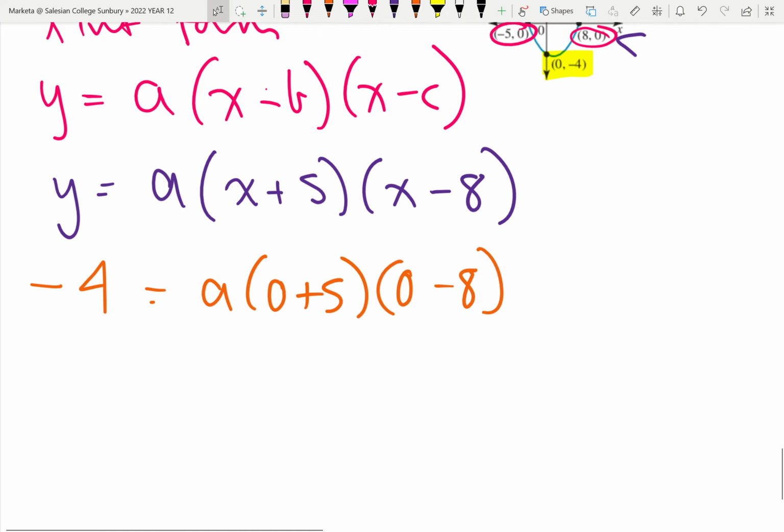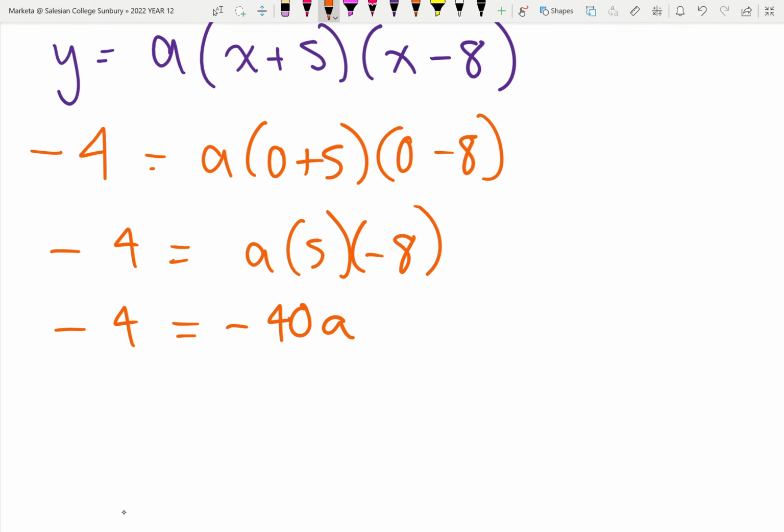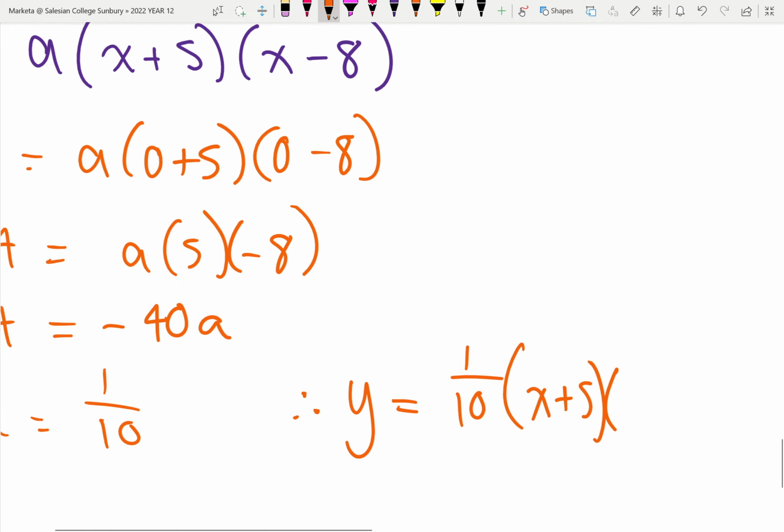And let's solve that. -4 equals a times 5 times -8. -4 equals -40a, and that means a equals 1/10. So, therefore, our equation is y equals 1/10 (x plus 5)(x minus 8).